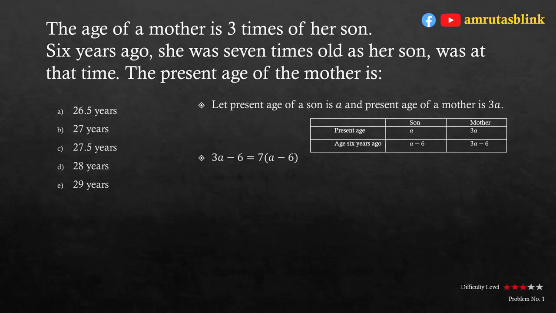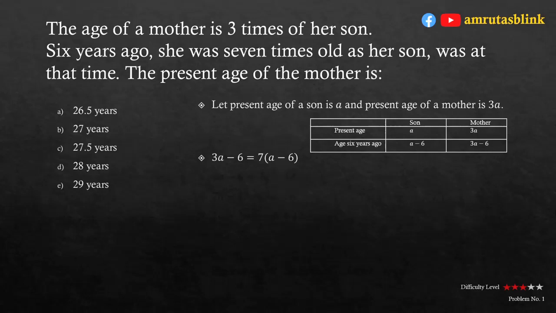Now, one more information is given that 6 years ago she was 7 times old as her son was at that time. So, this 3A minus 6, which is mother's age, which was 6 years back, is equal to 7 times the age of the son at that time, hence 7 into A minus 6.